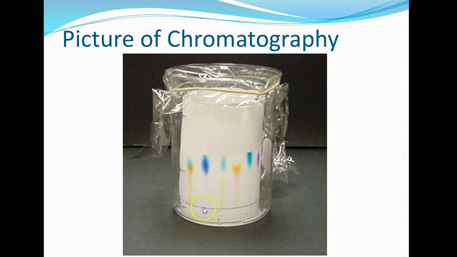You put different dots of, let's say, different pen colors down on this pencil line, and this is chromatography paper. You put the chromatography paper just standing in a little bit of water, and the water travels up the paper, and as the water travels up the paper, it drags the pen pigment, or whatever pigment you're using, up the paper. And so now we start seeing these different colors, like a little pinkish here, maybe yellow orangish, bluish.